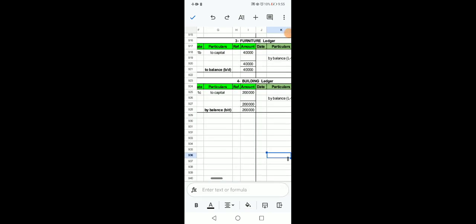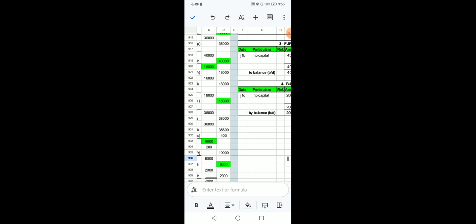Okay, now again there is a short break. We have completed 4 ledgers. Since the length of this question is too much, we will take breaks and come back and solve the remaining part of the question. Up till now what we have done, we have completed this jungle of journal entries. This was our first step. Then we started making our ledgers, and there you can see we have completed cash ledger, capital ledger, furniture ledger, and then building's ledger.